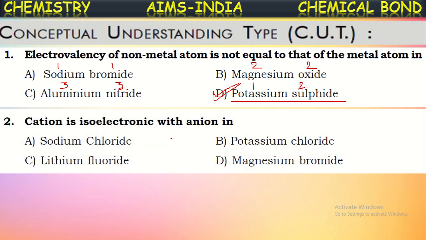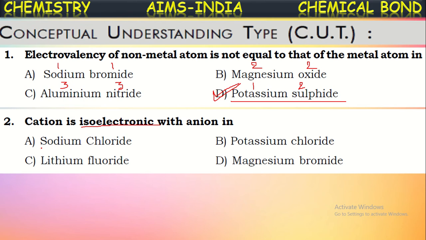Cation is isoelectronic with anion in. See, both should have the same number of electrons. We know the meaning of isoelectronic: the ions, atoms or molecules which have the same number of electrons are called isoelectronics.